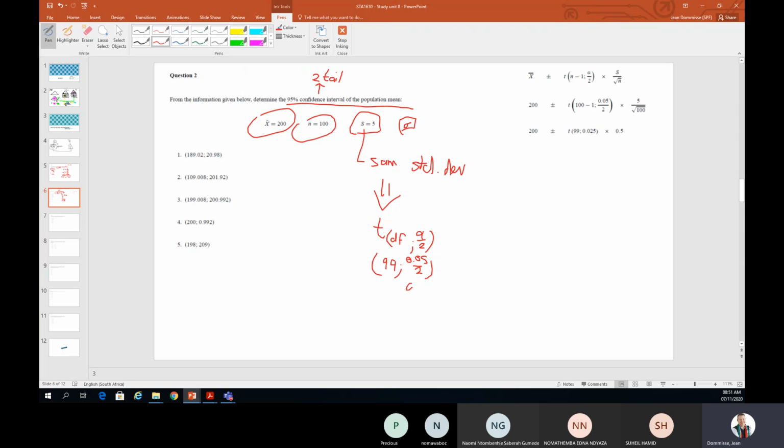Okay, so that was 0.025 and 99. So you would again on the table have that you go down with degrees of freedom to 99, then across where alpha is equal to 0.025.